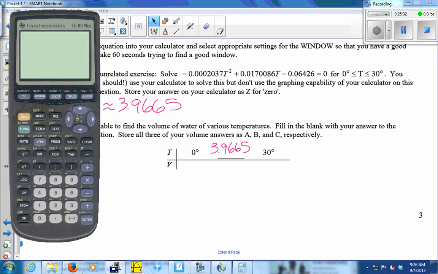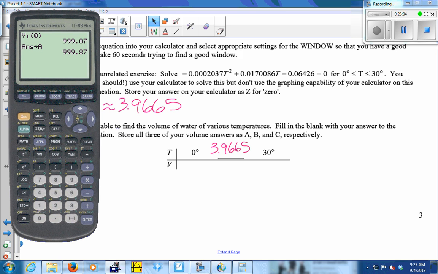If you go vars, yvars, function y1, it calls y1 into your home screen, and then you just put parentheses 0, and it's going to plug 0 into your formula. And we get the same thing as if we use the table. If I plug 0 in, you get 999.87. The reason I'm doing it in the home screen is because now it's easy to save this number as A. So store as the letter A.